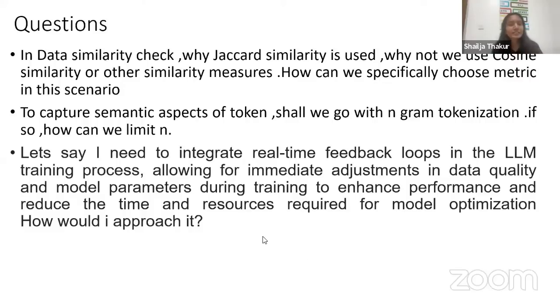Yeah, so I'll take the first question. The question is, why are we using Jaccard similarity and why not cosine? So there is no hard and fast rule to what similarity you really want to use. But the reason why you would choose Jaccard is because it is looking at the similarity in a more fuzzy way.